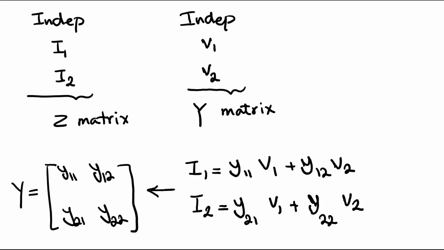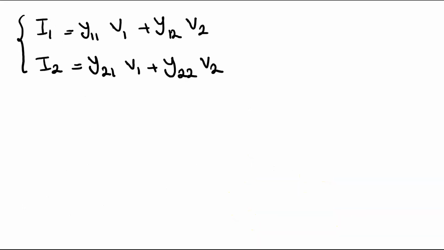Okay, now let's see how we can find these 4 parameters when we are selecting our voltages to be the independent parameter of the circuit. So now I want to show you how we can find Y11, Y12, Y21, and Y22. Okay, let's focus on Y11, for example. If I want to describe Y11, then because I don't know what is Y12, I have to make sure that the second term is eliminated.